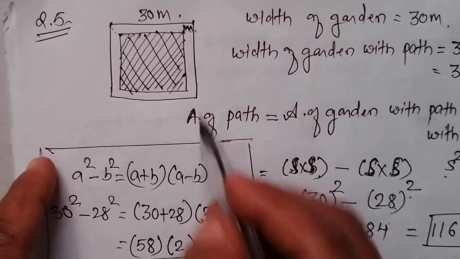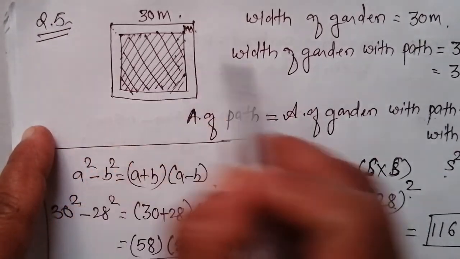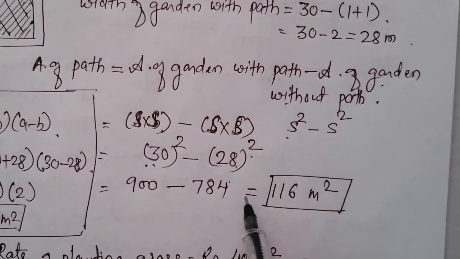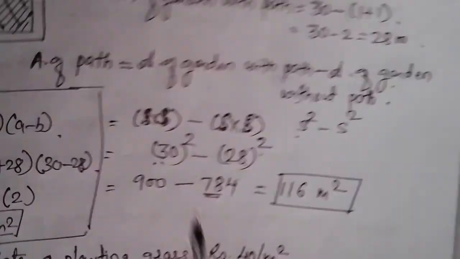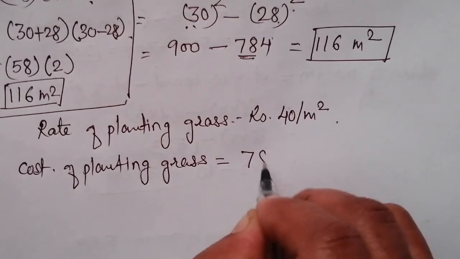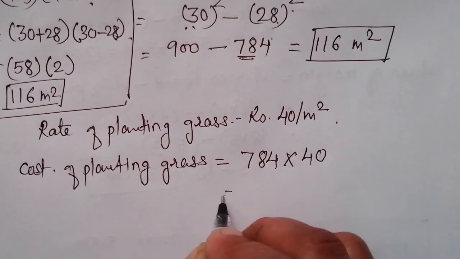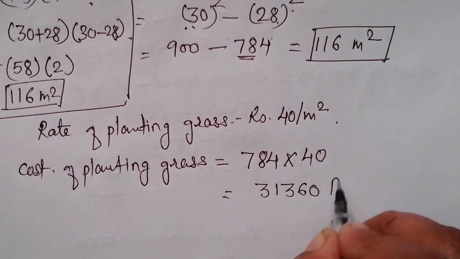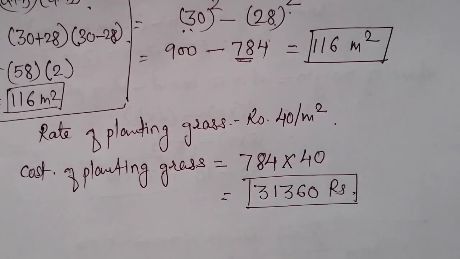You are going to plant on the area of the garden without path, that is 784 meter square. So 784 multiplied by 40 is equal to 31,360 rupees. This is the cost of planting the grass on the garden.